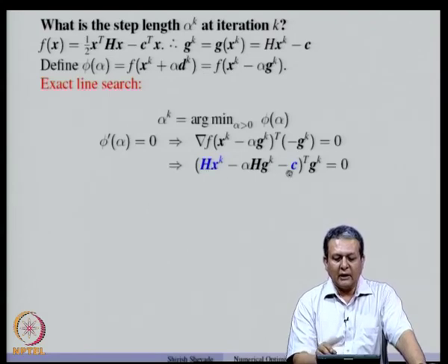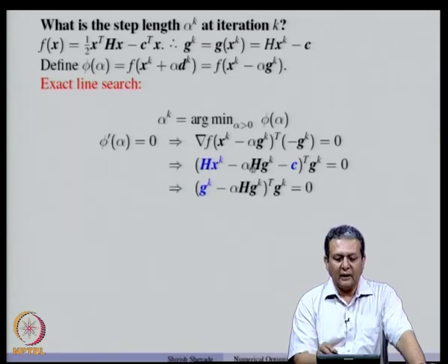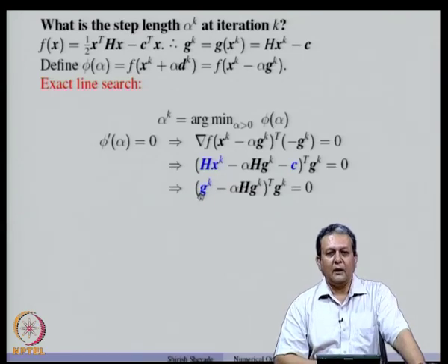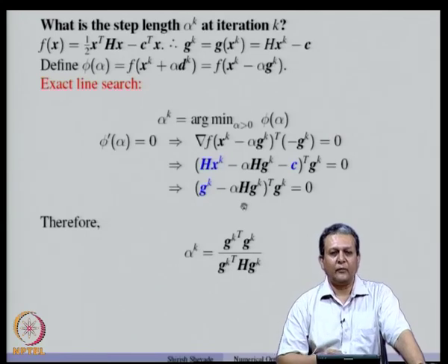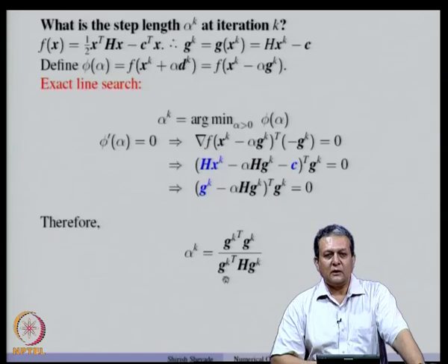So, this quantity can be written as gk minus alpha H gk transpose gk equal to 0. So, H xk and minus c are combined to get gk, and this gives us the formula for alpha k, which is nothing but gk transpose gk divided by gk transpose H gk.